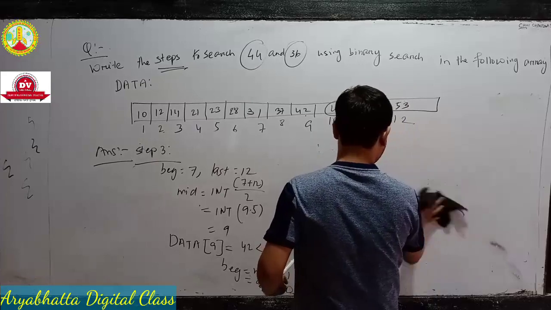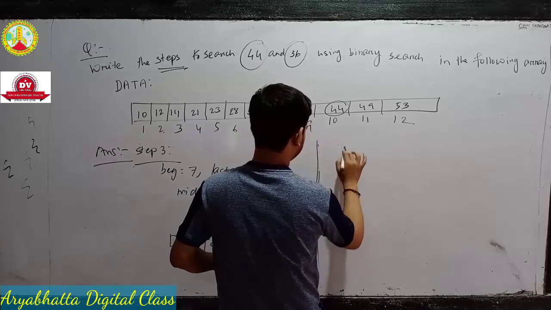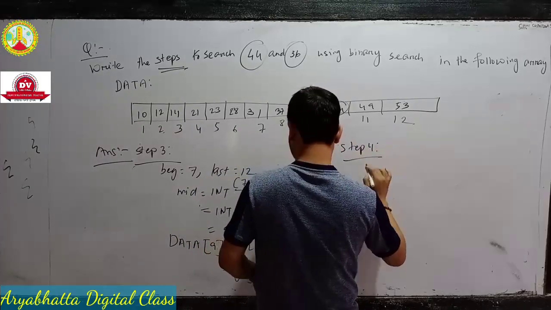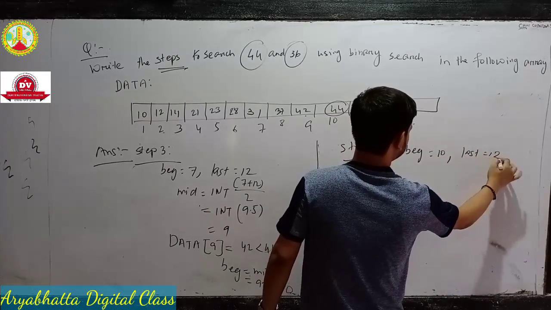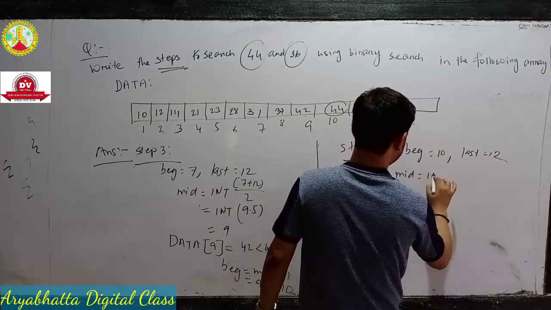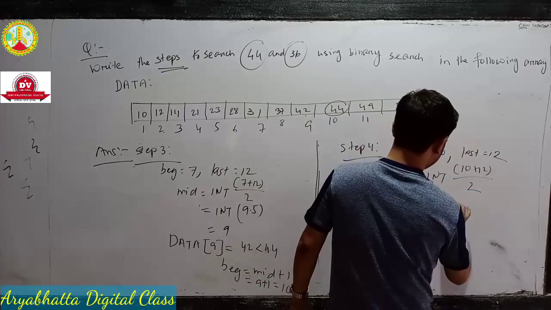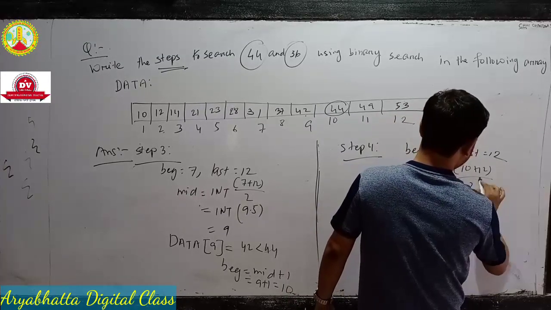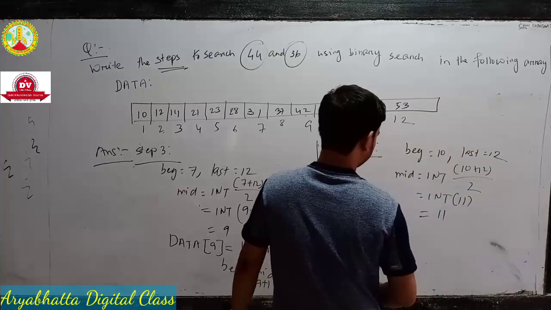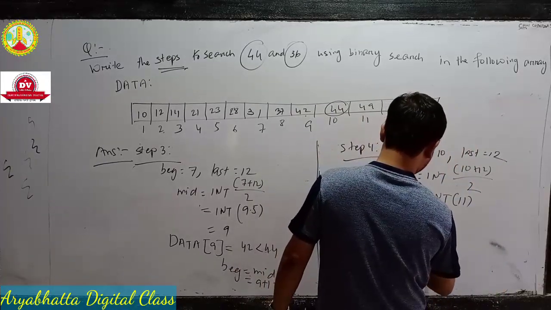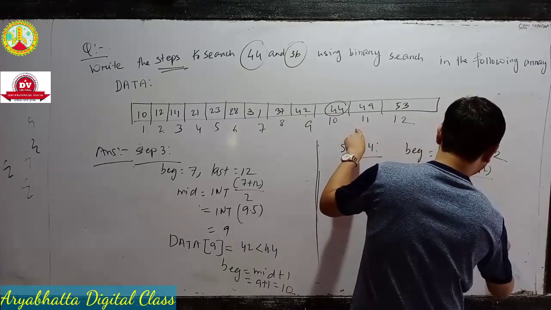Now we are done with step 4. Now beginning will be 10, last 12. Int of that is 11, so mid is 11. And data in 11 is 49. You see, 49 is greater than 44.